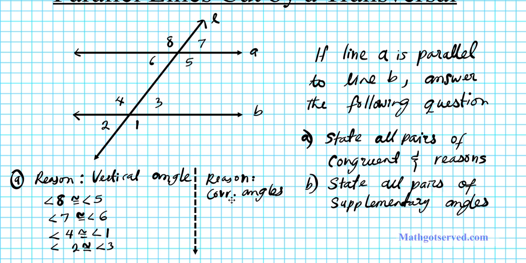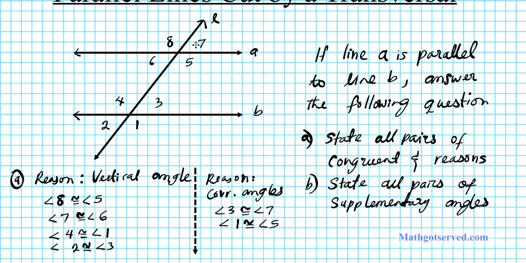So where are our corresponding angles? Angles 3 and 7 are corresponding angles, hence they're congruent. If you notice their orientation on this side, they're both on top, so that's why they're congruent. Angle 5 and angle 1 are both beneath the line, so they are corresponding, hence congruent. Angle 1 is congruent to angle 5.